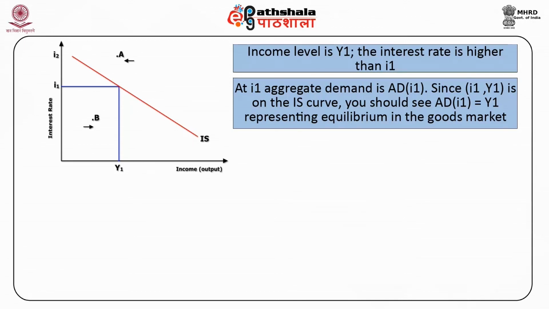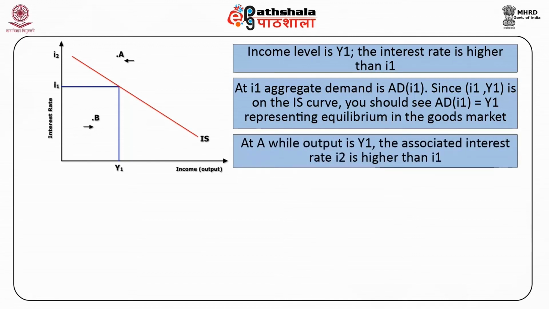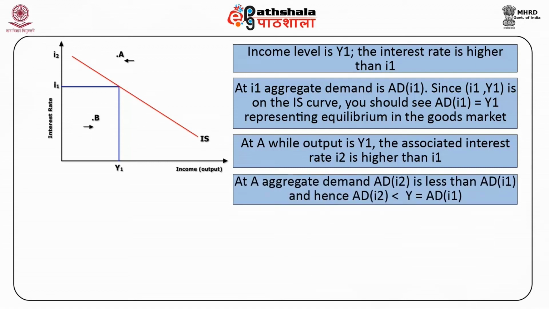the goods market. However, at A, while output is Y1, the associated interest rate I2 is higher than I1. Hence, at A, aggregate demand AD(I2) is less than AD(I1), and hence AD(I2) is less than Y1, which is equal to AD(I1).